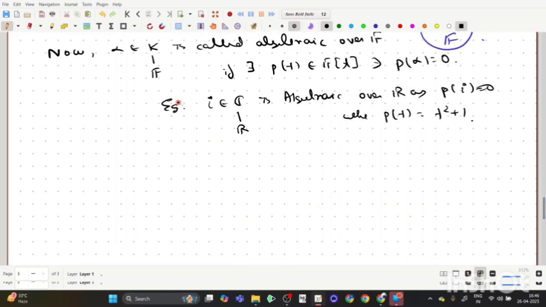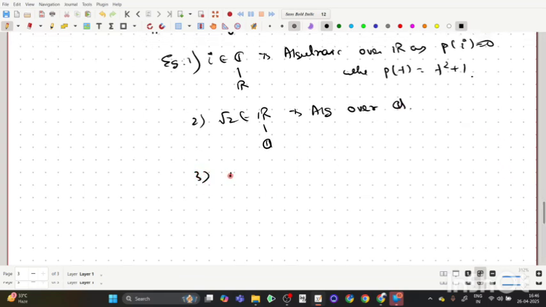Similarly, example 2: root 2 in R as an extension over Q is algebraic over Q. Clear? Now this is a well-known fact that pi in R as an extension over Q is not algebraic over Q, right? There exists no polynomial over Q whose root is pi. That is a well-known fact of mathematics, right?